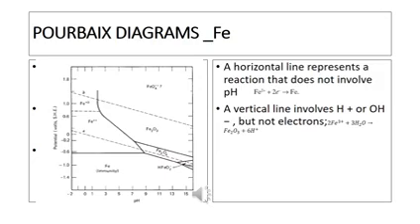And maybe other important things to note here is that a horizontal line represents a reaction that does not involve pH or H plus ions. You will notice a line that is horizontal. In this case, we are saying we have this possible reaction where we have Fe2+ plus 2 electrons to produce Fe, and this is what this equilibrium line represents, this horizontal line.